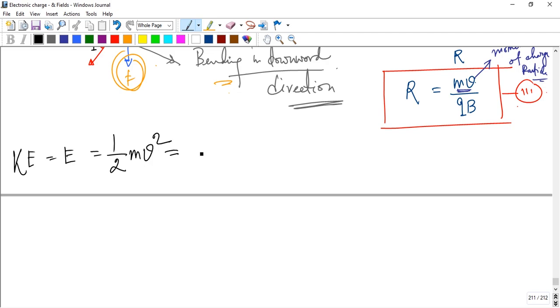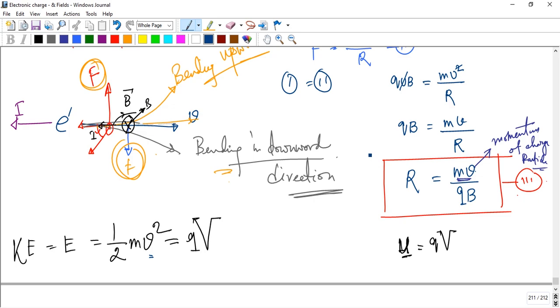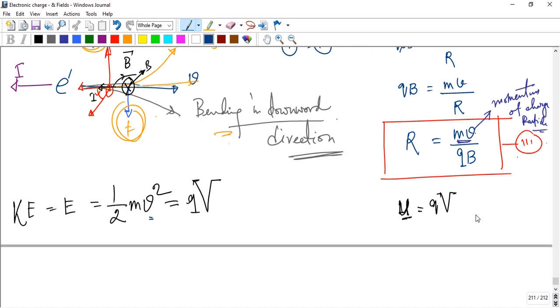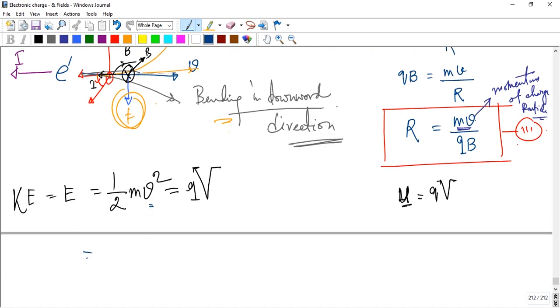Suppose there is a positive charge q, so the energy is related to potential. We know that the energy U equals Q times V, the charge times the potential V. Now the v in the kinetic energy is replaced using v equal to qBr by m, so we get half m times (qBr by m) whole square.